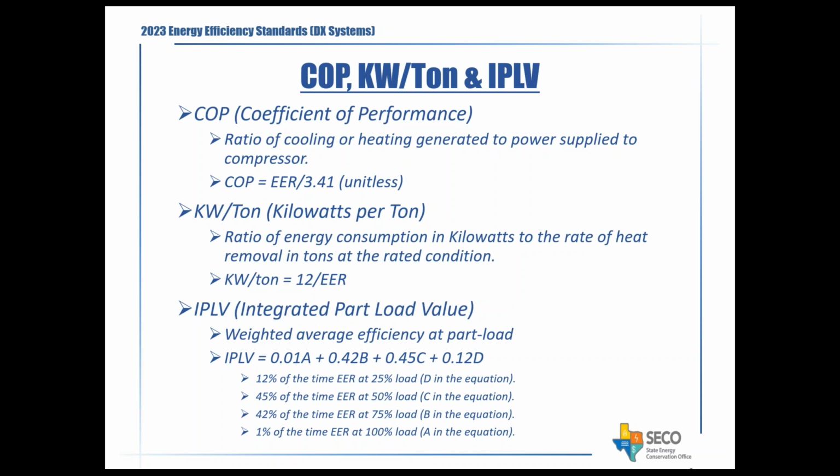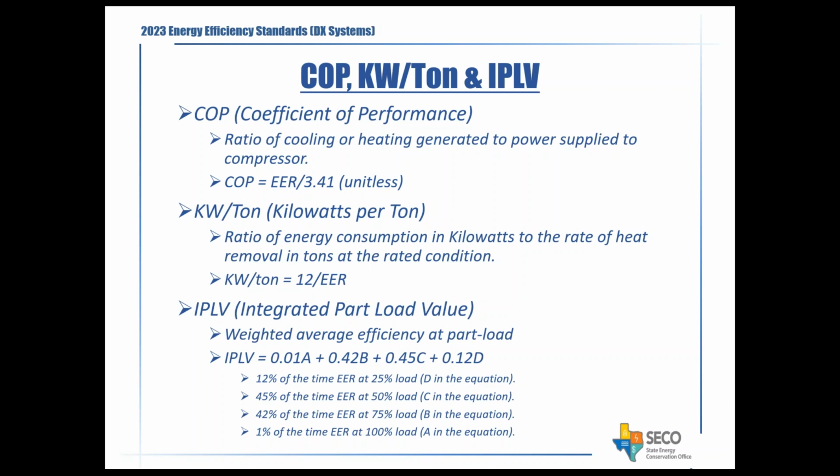So it's pretty much how much cooling you're generating and how much power you're supplying, the ratio of that. It can be calculated by dividing the EER by 3.41, and the COP is typically a unitless rating. So you will see a COP of 3, 4, and 5. Again, the higher the number, the more efficient they are. But that's something that you might see from time to time.